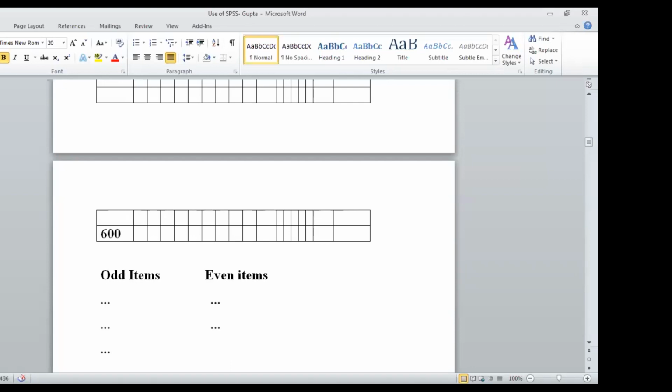And now what you can do is find out the correlation. Because your total items were 30, the odd items will be 15, and even items will also be 15.